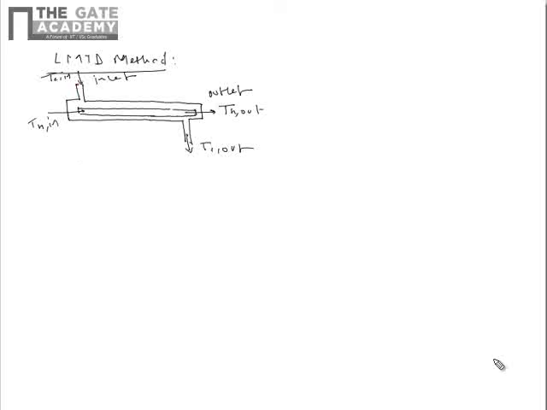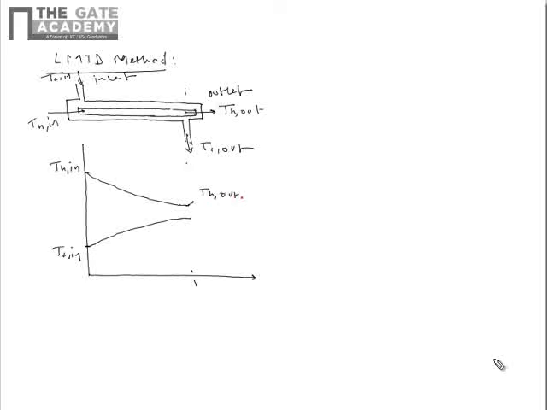If we draw the temperature variation, what will happen? Since this is a parallel flow heat exchanger, hot fluid will cool down and cold fluid will heat up, right? This is Th in, Tc in, Th out, Tc out.